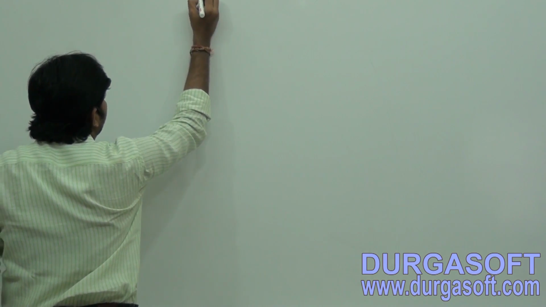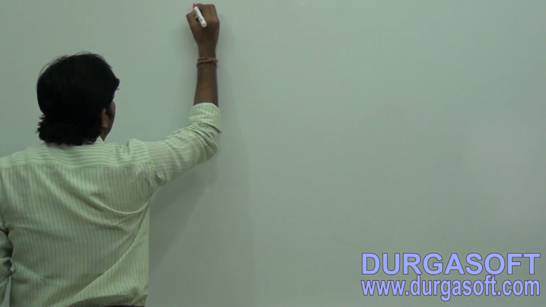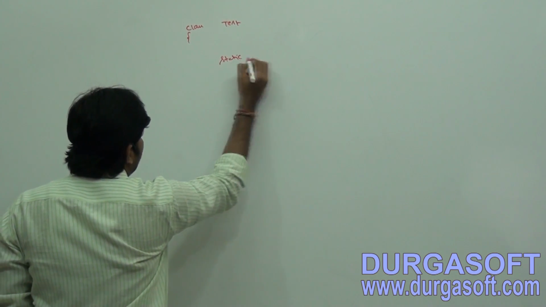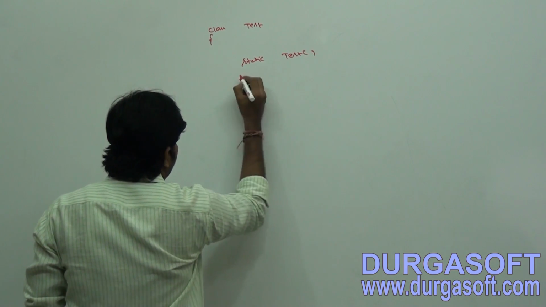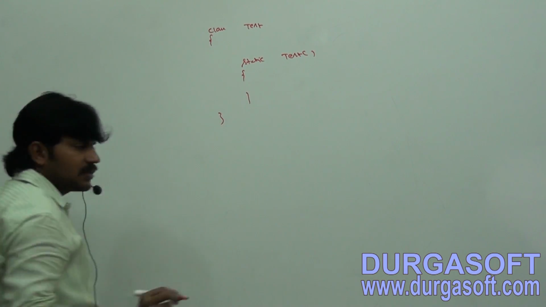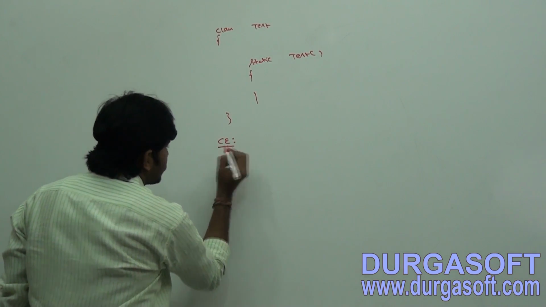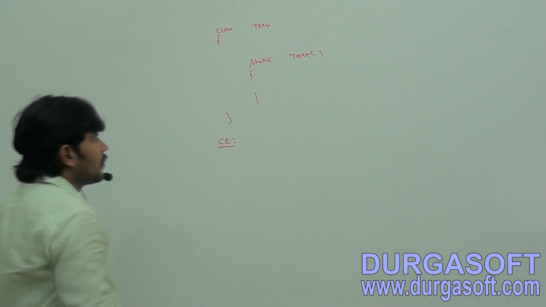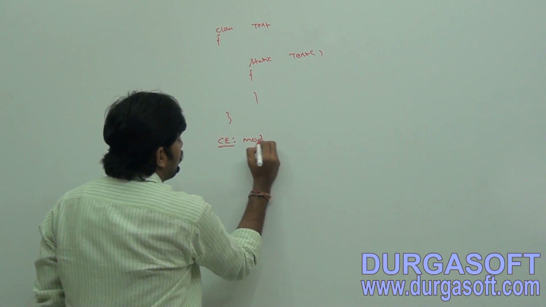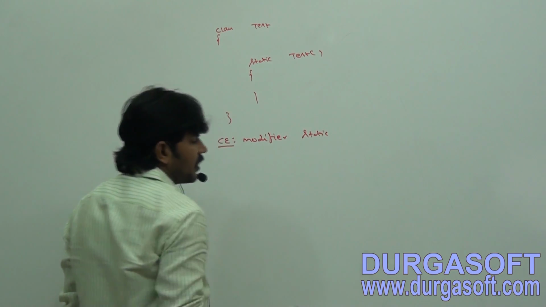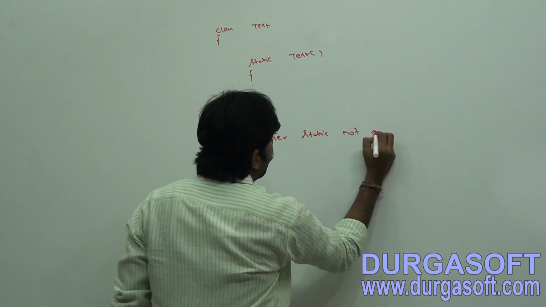Okay, so now I am taking class test, static test, for example. Do you know what compile time error we are going to get? The compile time error is: modifier static not allowed here.